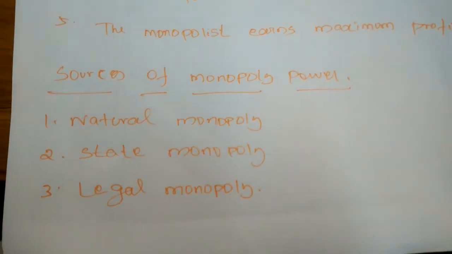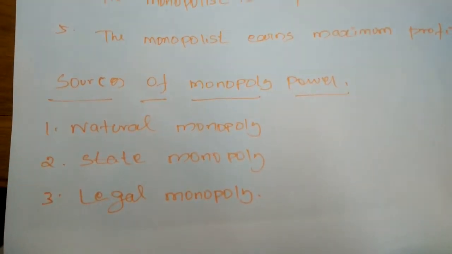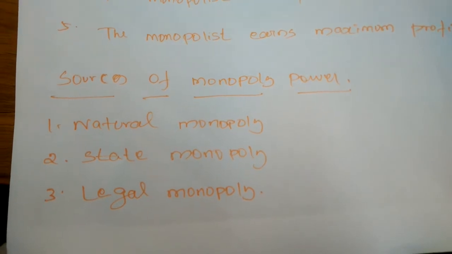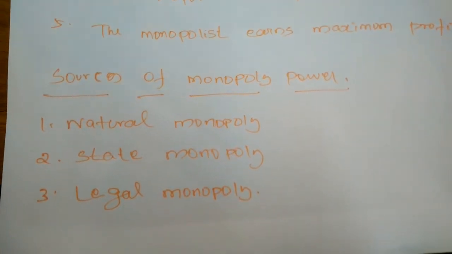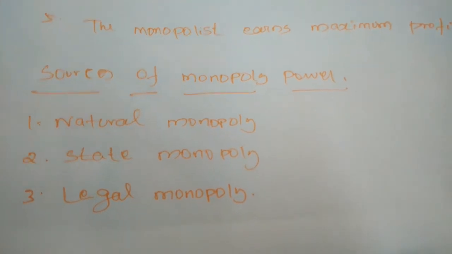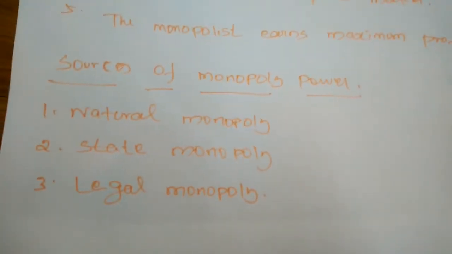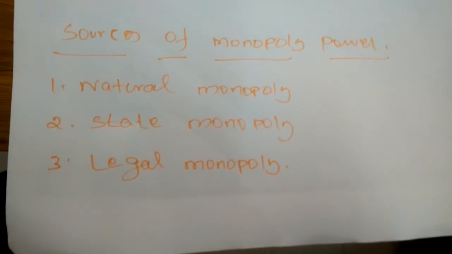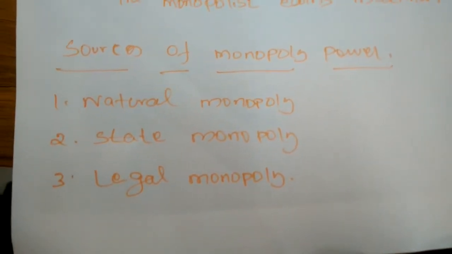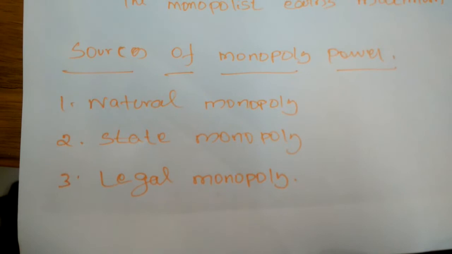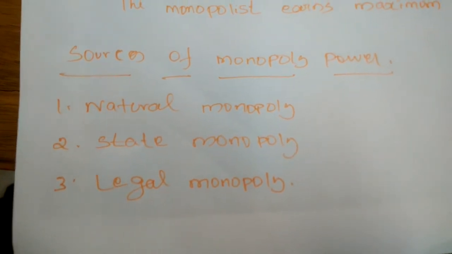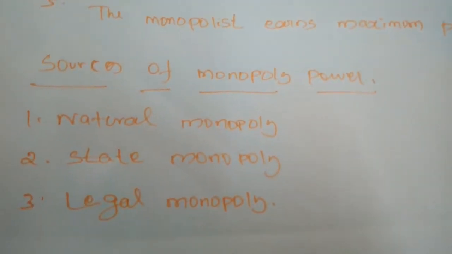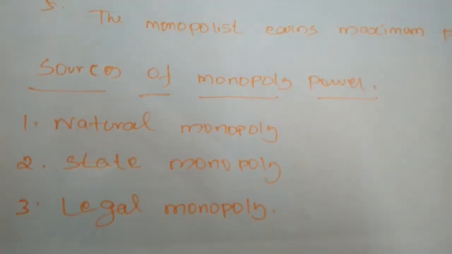First, on the basis of the natural. On the basis of the natural, some persons or some nations may become a monopoly. So by ownership of natural raw materials, one nation or one man or one firm can become a monopolist. That is called natural monopoly.